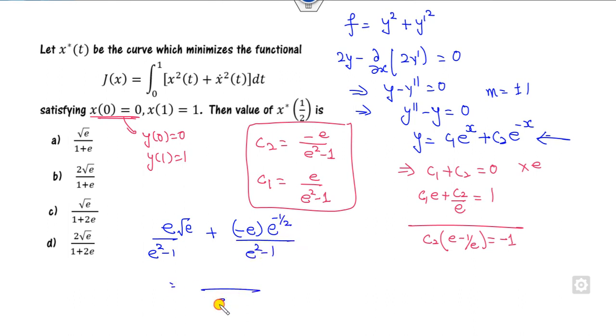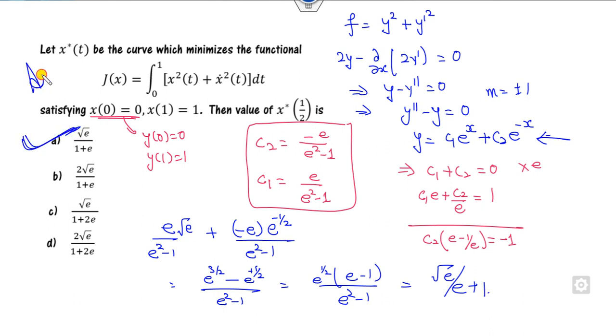So I can take the LCM. This is e raised to power 3 by 2 plus e raised to power 1 by 2. I can take e raised to power half common, e minus 1 over e square minus 1. So root e over e plus 1 is the right answer of this problem. That's a very simple question.